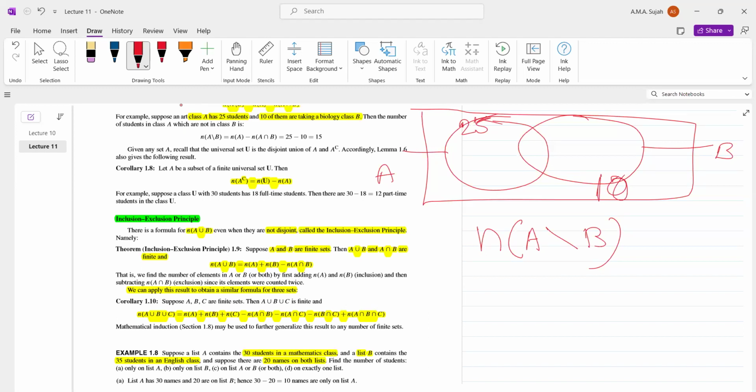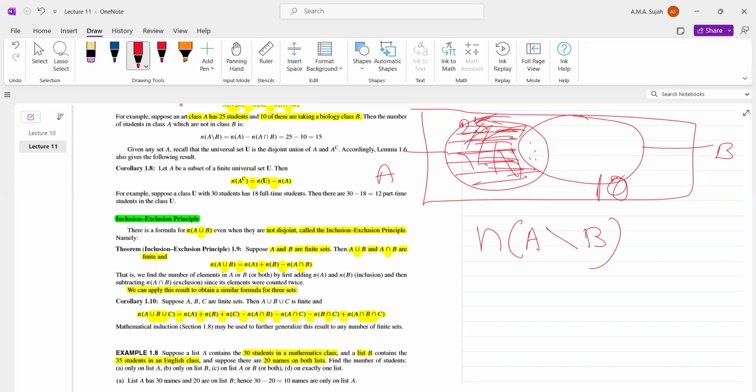Not taking class B means they only belong to class A. So if you look at this area, they are asking for this area, A minus B. A includes the students only in class A plus this area, the students in both A and B. So we need to find only the students who belong to class A and not class B, this colored area.